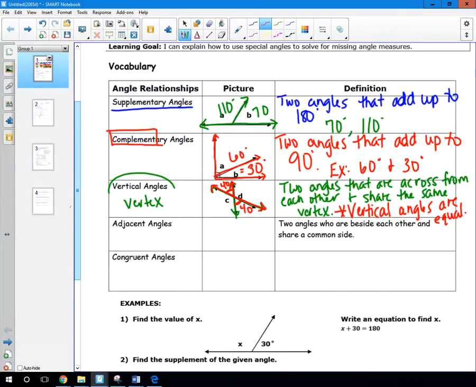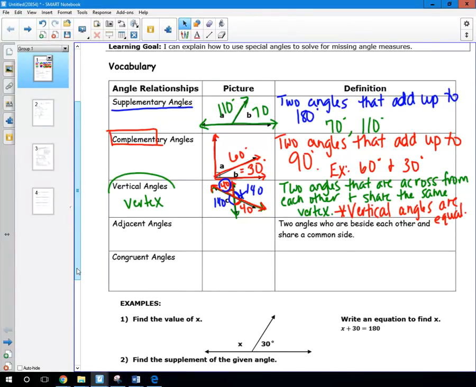If we know that this angle here is 40, could we use that to figure out what this angle is, since it's on top of a straight line? 40 plus what gives me that straight line? That would have to be 140. And if I know that one's 140, do you realize that it's vertical to the one across from it, which means this one also has to be 140.